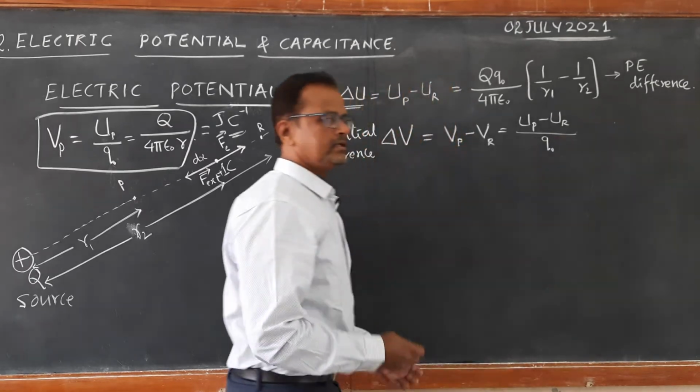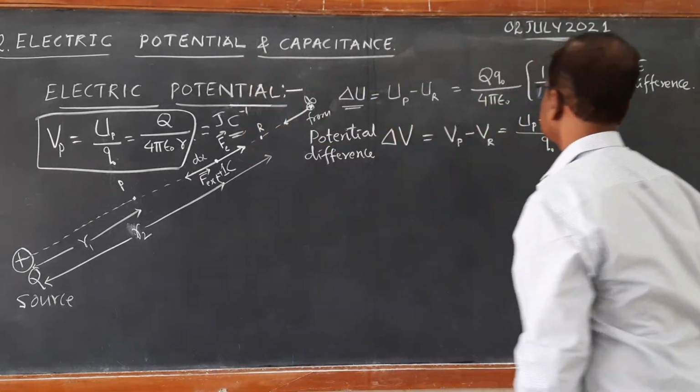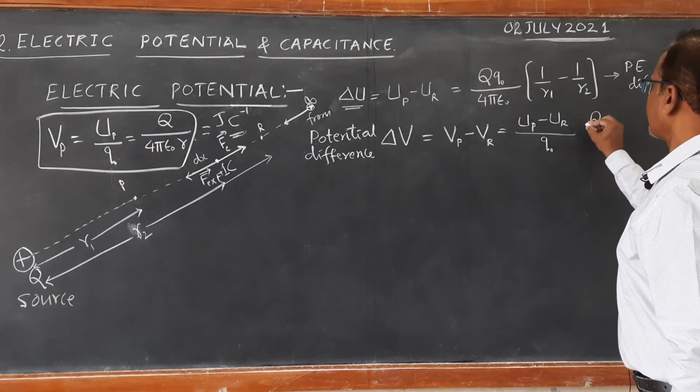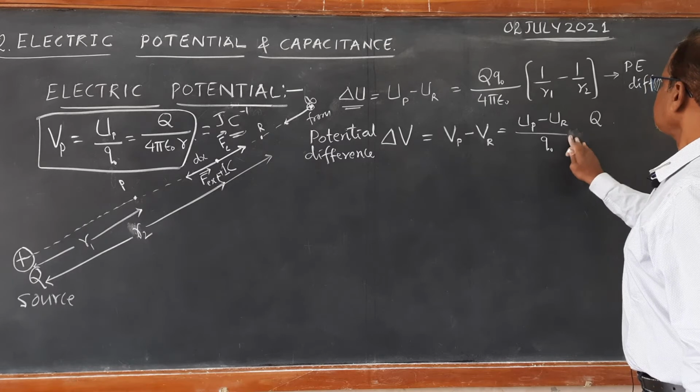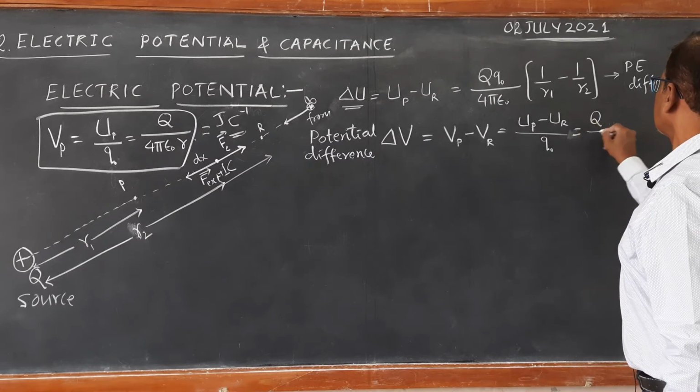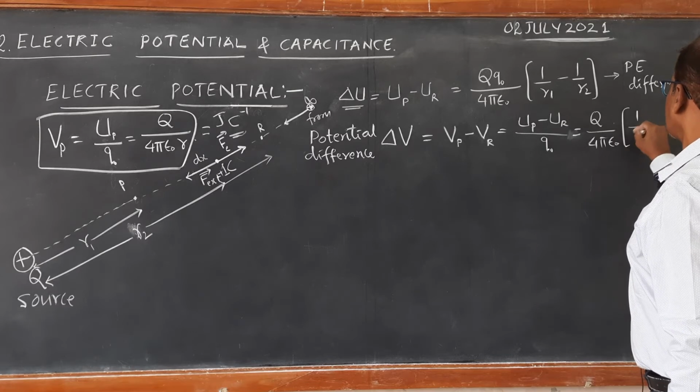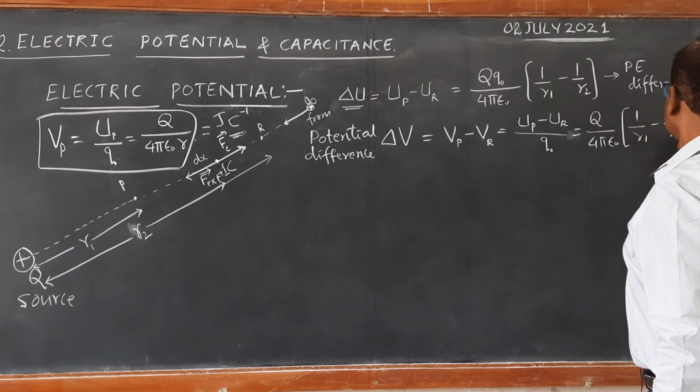You can see here the Q naught cancels, so you are left with Q upon 4 pi epsilon naught into bracket 1 upon R1 minus 1 upon R2.